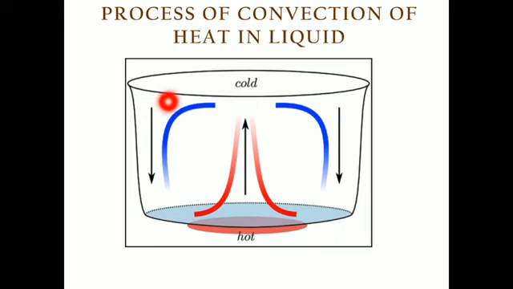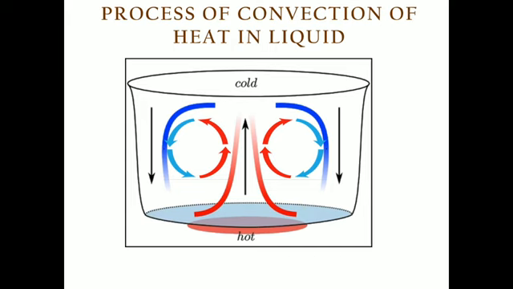Similarly, it is spreading onto the side of this tumbler, and when it is spreading, again cooling will be there. So after cooling, it will become dense and it will sink down. So again it is going to the bottom. Now when it comes to the bottom, the heat is still going on, so the heat will again make it lighter.